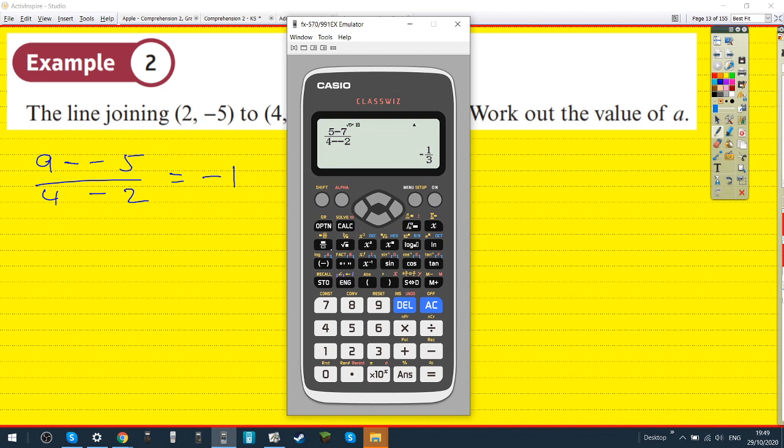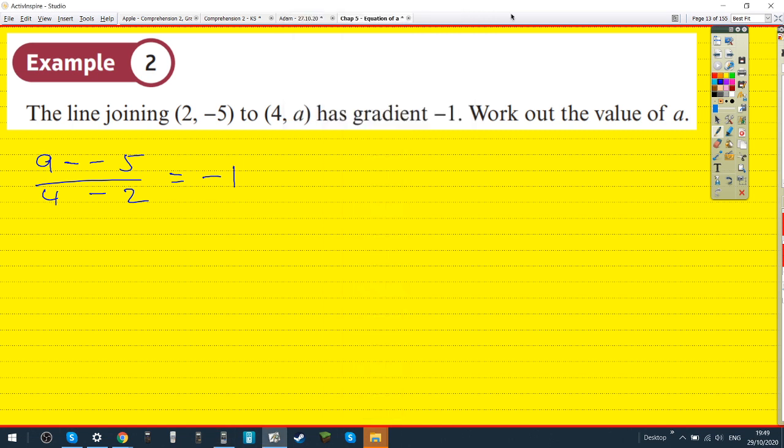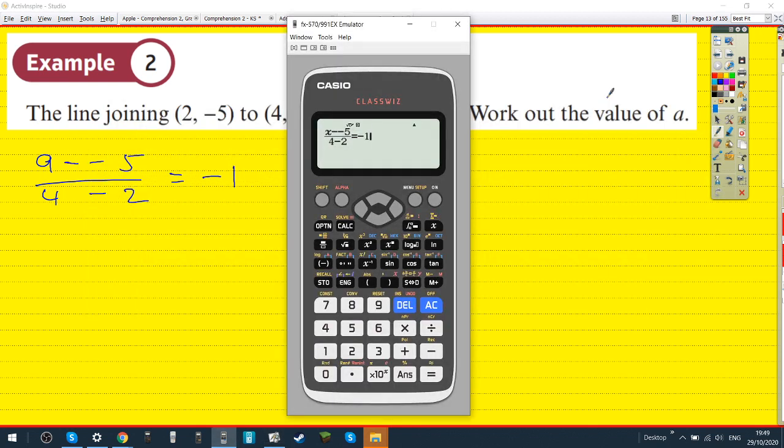Should we simplify the bottom half of the fraction first? I'm doing x minus 5 on the top, 4 minus 2 on the bottom, equals minus 1. Is it minus 4? Press equals again.